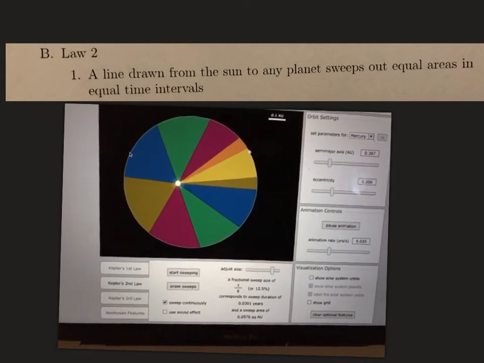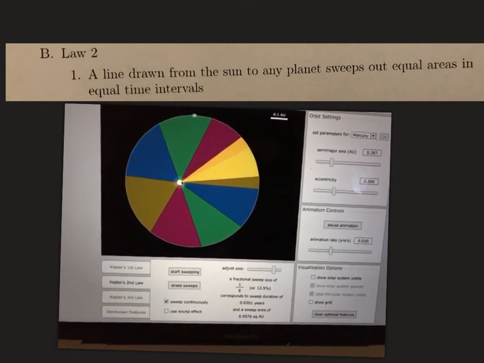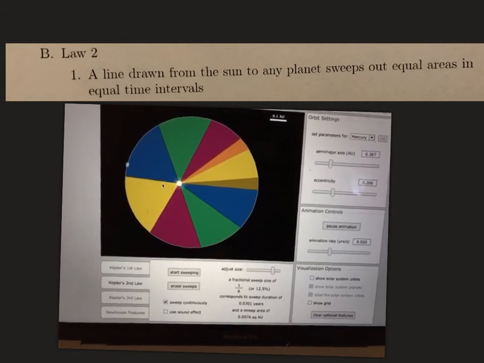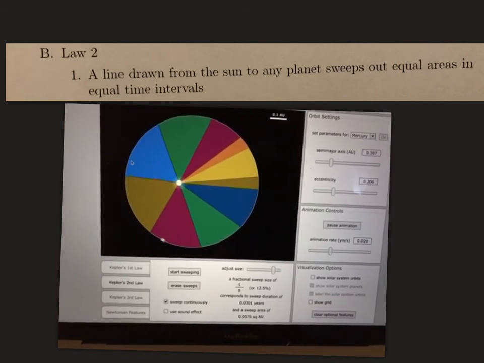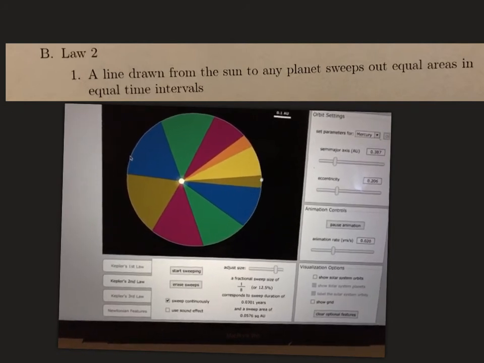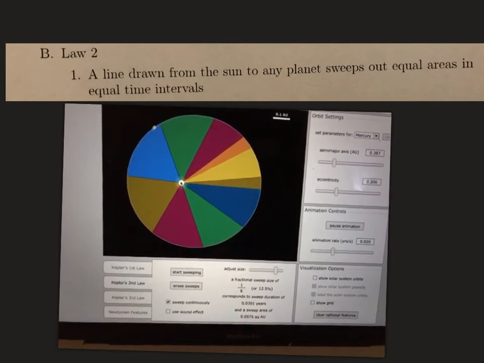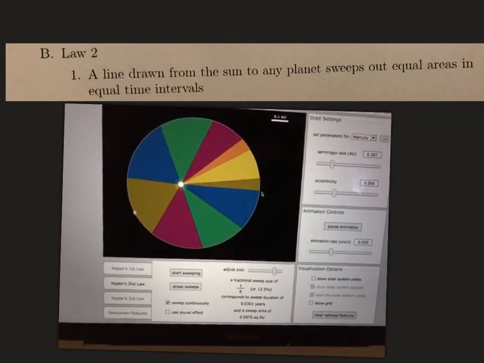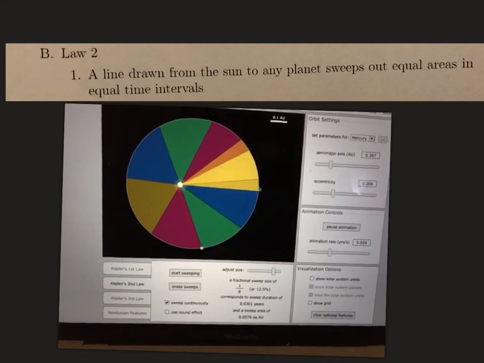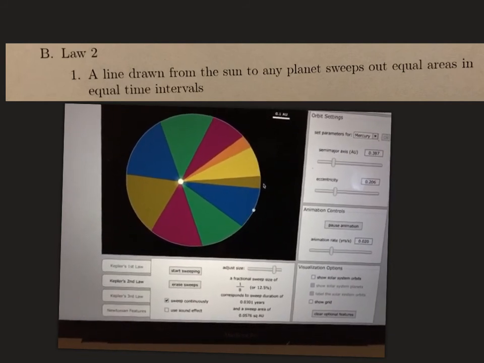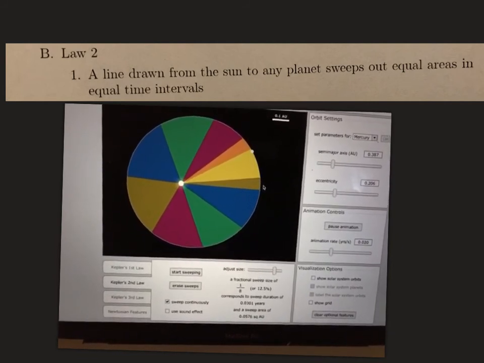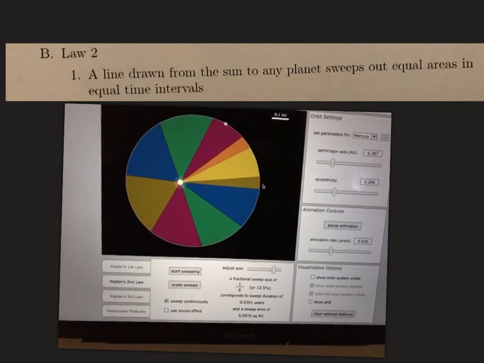So for a small number to equal a big number, the velocities must be opposite. So the velocity here with the short radial distance is going to be a high velocity. So at closest approach, the velocity is going to be high, the radius is short. And at furthest approach, the velocity is going to be small because r is big. So according to Kepler's law, the distance from the sun is inversely proportional to its orbital speed.